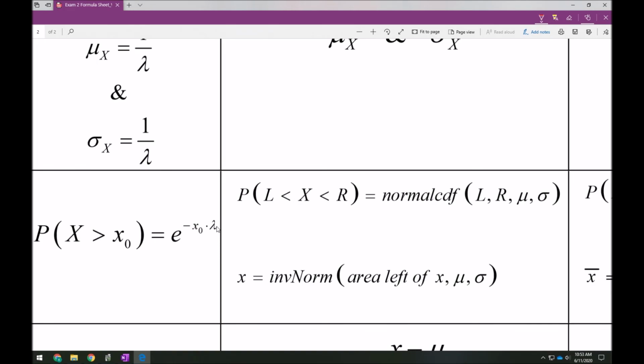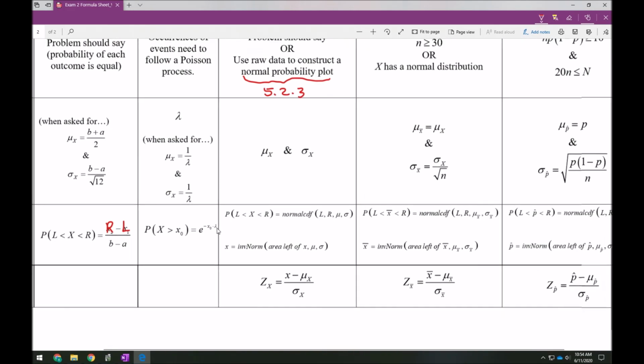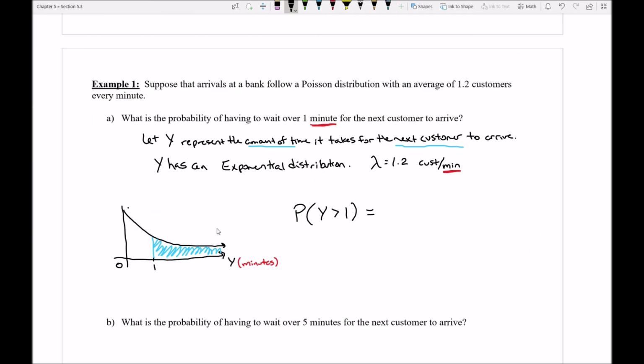In our case, we take e, raise it to the opposite of the value we want to be bigger than, multiplied by lambda. So this is going to be e to the power of negative 1.2.